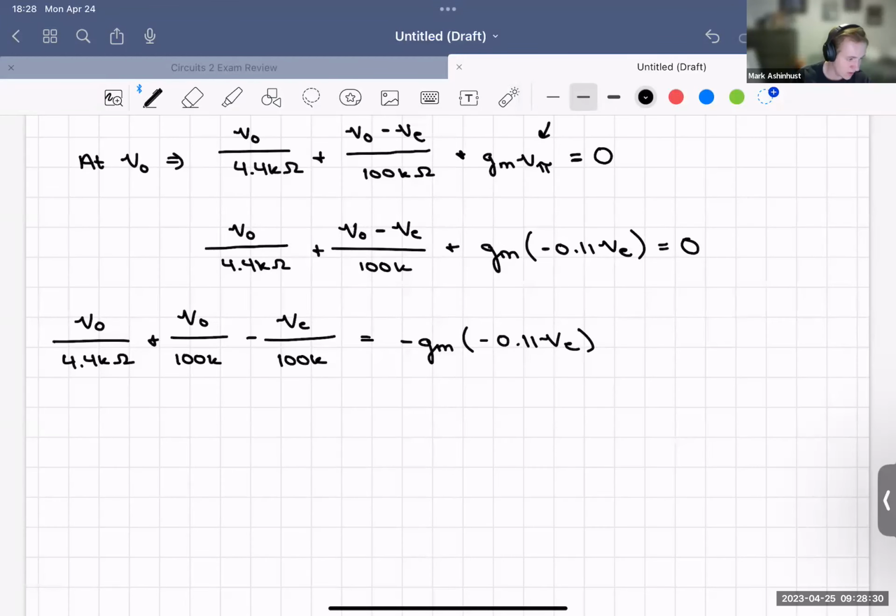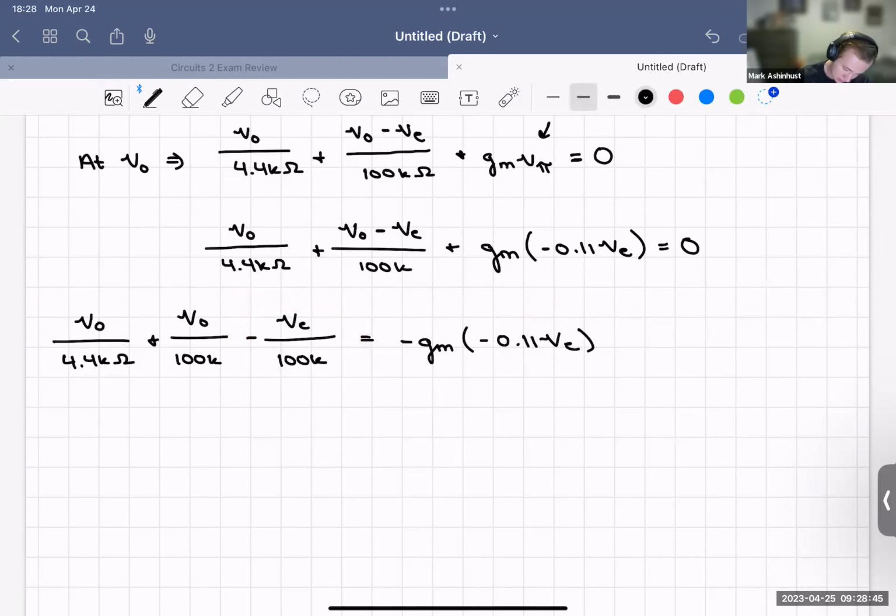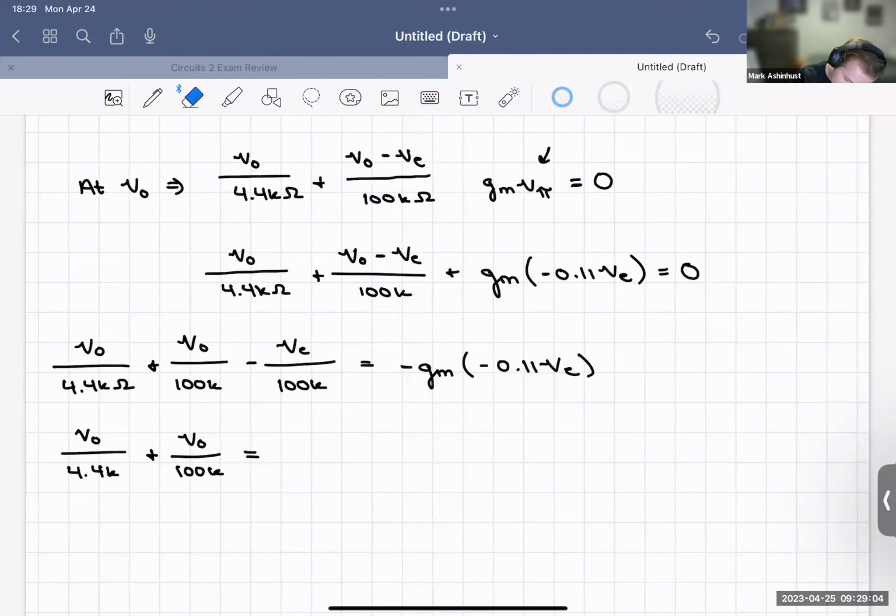And then we'll see, I'd move the VE over. So now if we move the VE over, then we're keeping V out on one side and we're moving all the VEs onto the right side. So we'd end up with V out over 4.4K plus V out over 100K equals, then we'll add the VE over, and my bad, sorry, I shouldn't have a minus GM V pi.